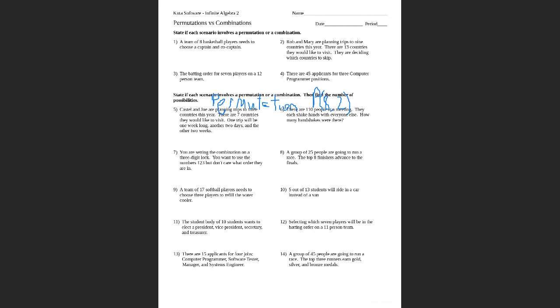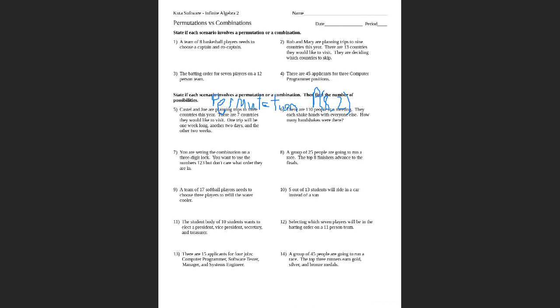That's for this one. For number 2, we have Rob and Mary. They're planning trips to 9 countries, and there are 13 countries. They're trying to figure out which ones to skip.